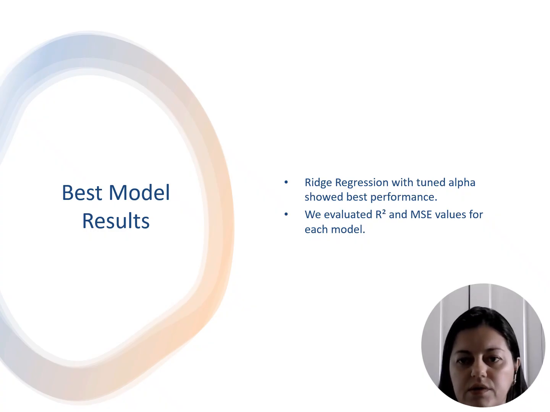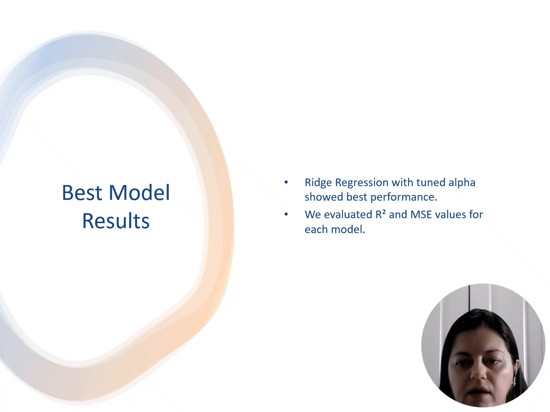Model results. Among all models, ridge regression with polynomial features gave the best results. It achieved a higher R-squared value and a lower MSE, indicating it explained the data better and made more accurate predictions.